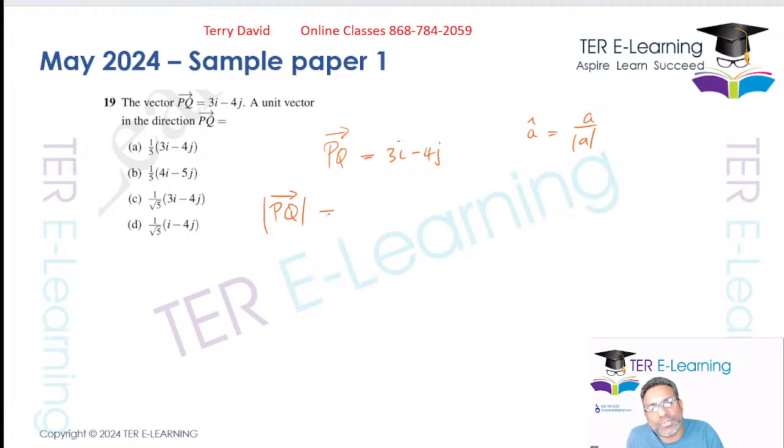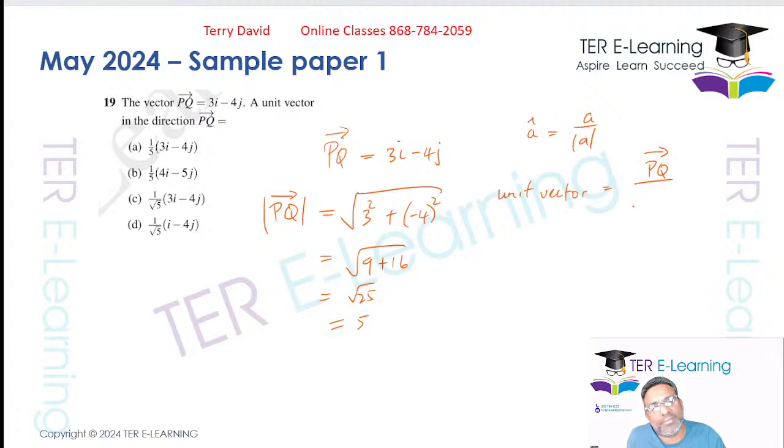To do that, we're using Pythagoras' theorem. So it's going to be 3 squared plus minus 4 squared, and we're going to find the square root. So 3 3s are 9 plus 16, so the square root of 25, which is 5. Therefore, the unit vector in the direction of PQ has to be the vector divided by the magnitude of the vector.